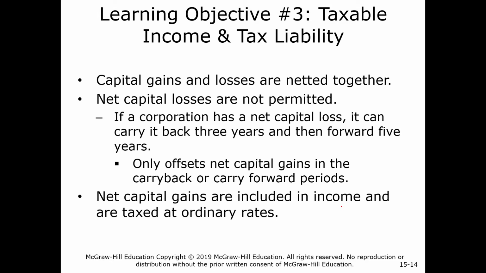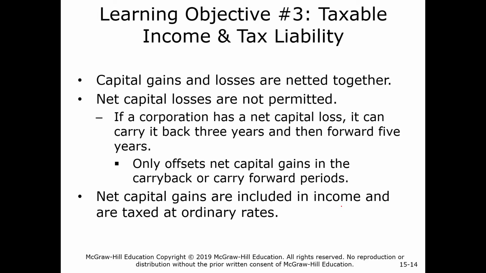The differences between the individual tax return and the corporation are basically the ones that we're going to mention in this presentation. The first one is capital gains and losses. We still net our capital gains and losses just like we do for individuals. However, net capital losses are not allowed for corporations.